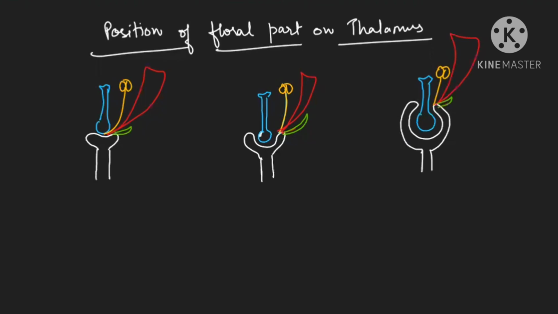In the first diagram, everything is coming below the gynoecium. Below means hypo, and gynoecium means gynous. In the second diagram, they are around the ovary. Whenever the word is around, it means peri. Around the ovary means around the gynoecium, so perigynous. In the third, all floral parts are present above the ovary.